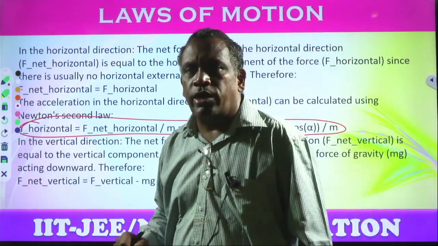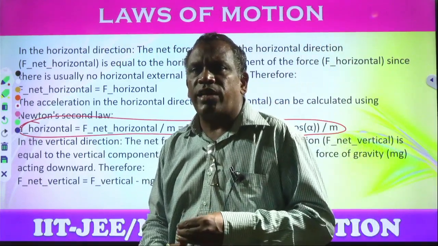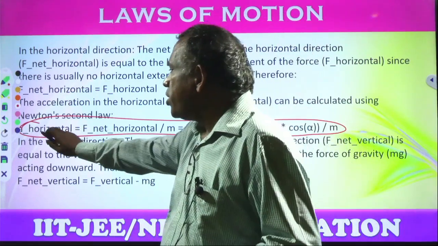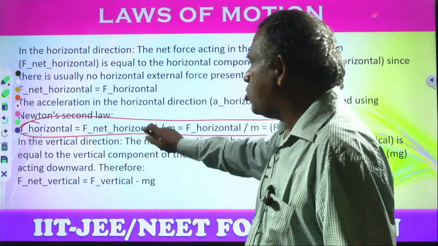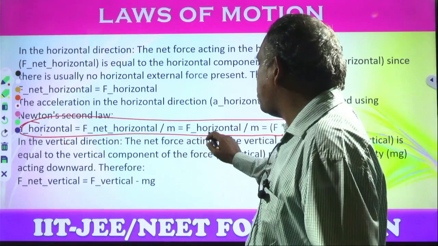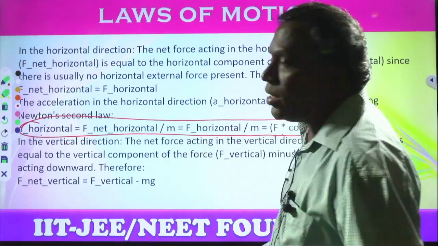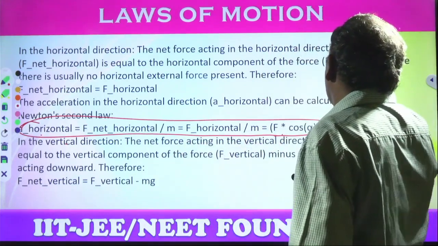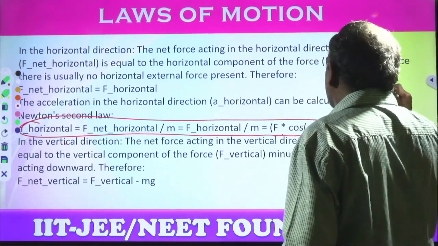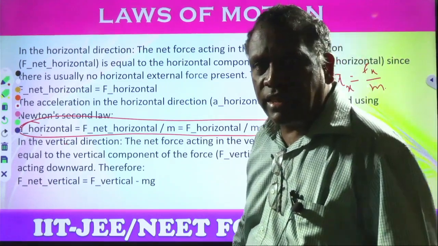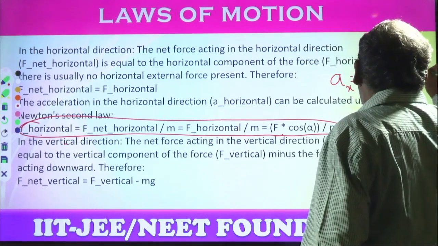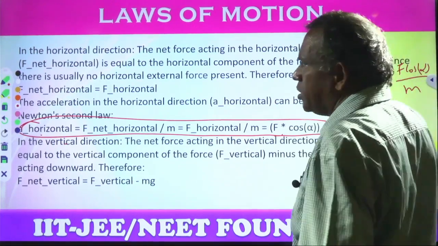So the horizontal component of acceleration, A horizontal, is equal to F net horizontal by m. F net horizontal is nothing but F cos alpha. So acceleration along the x axis is Fx by m, and Fx is F cos alpha, so it is F cos alpha upon m.